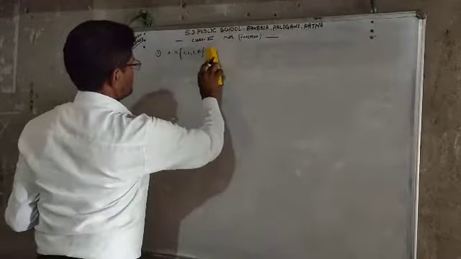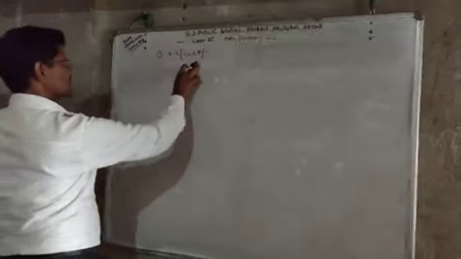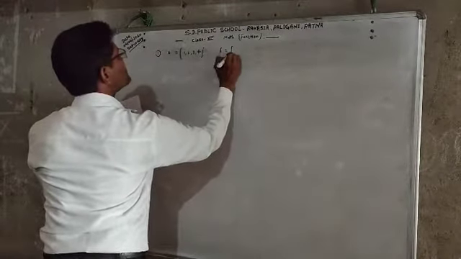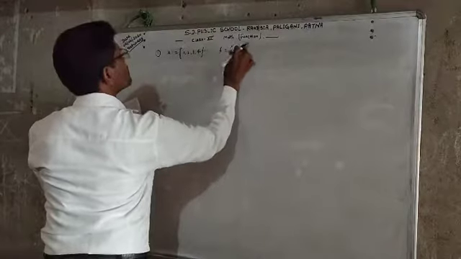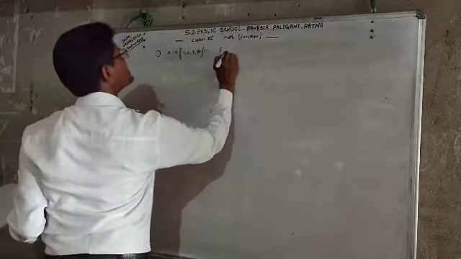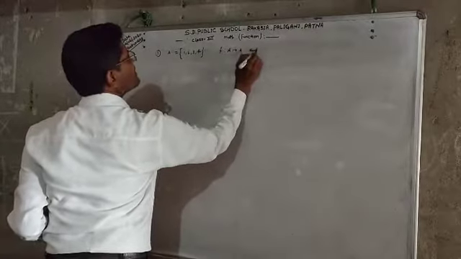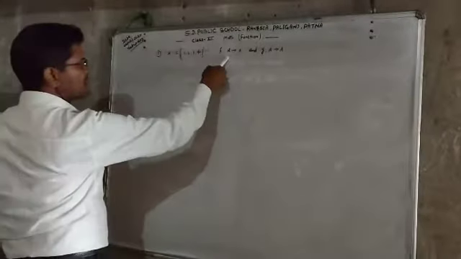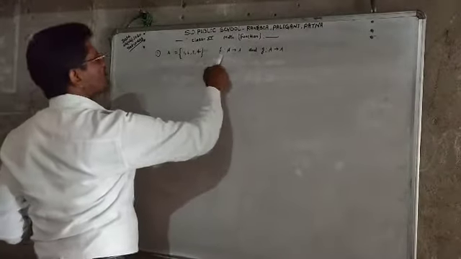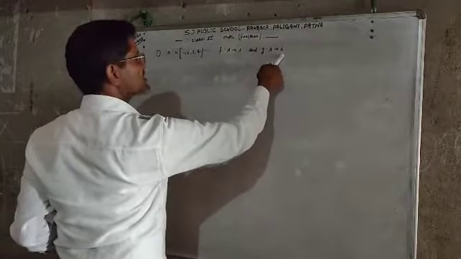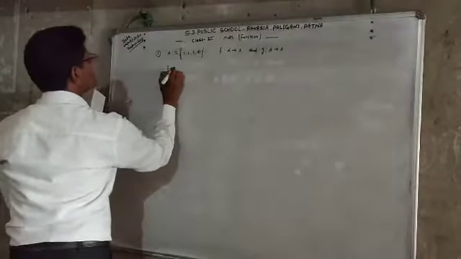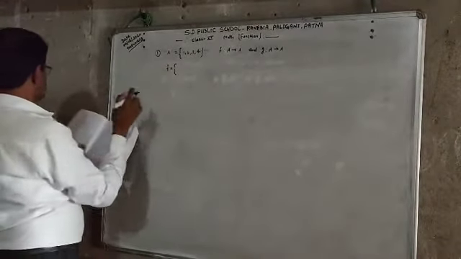Only one set A is given in the question, and two functions are given: function f from A to A, and second function g also from A to A. So set A is related with set A by the function f, and also by the function g.